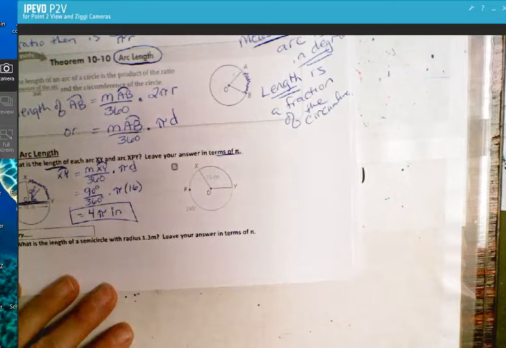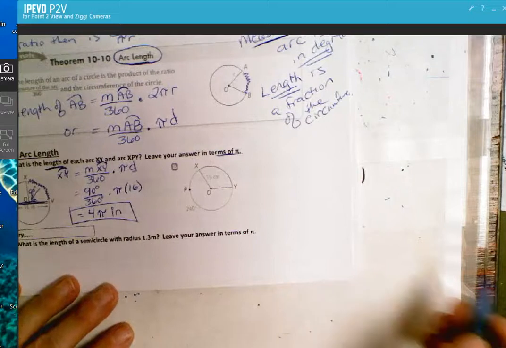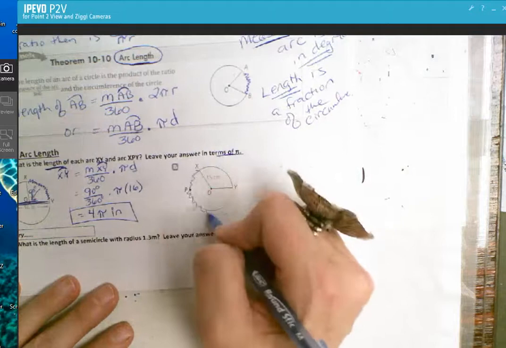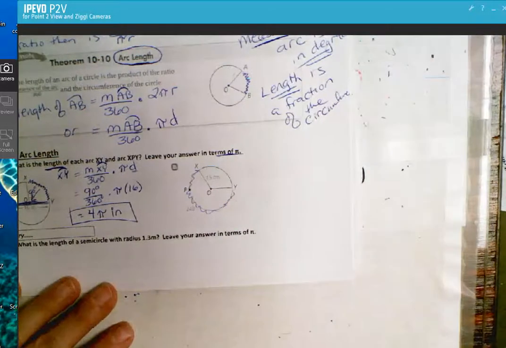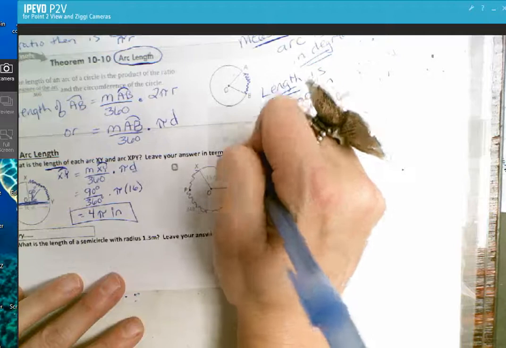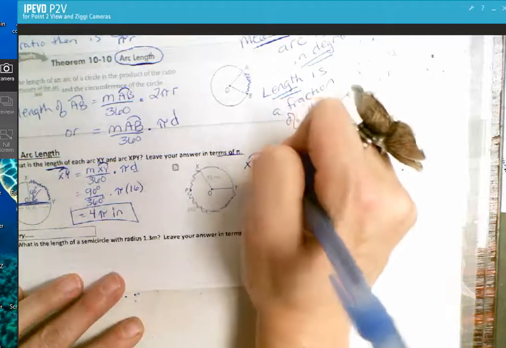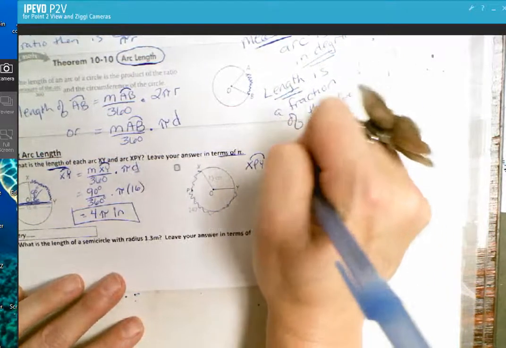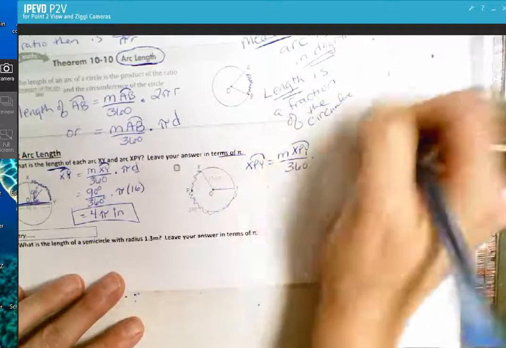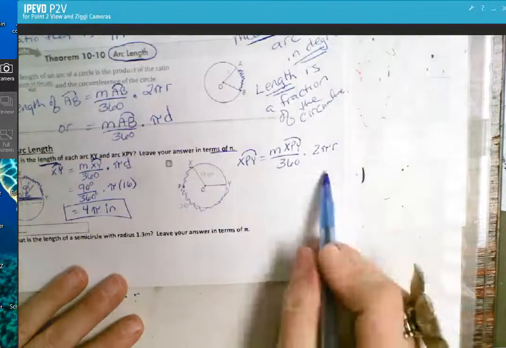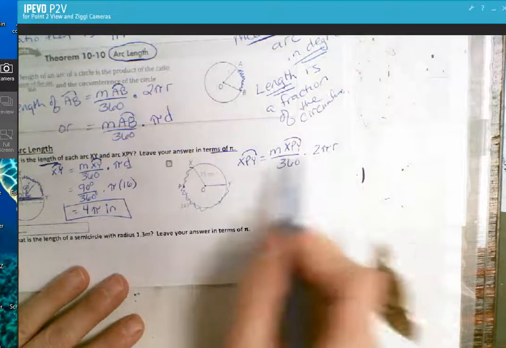So it wants to find the length of xpy. So I need to find this length. Since I'm dealing with length, I know xpy, which is a major arc, is equal to the measure of xpy out of the possible 360 times its circumference. And I'm using r because that's all they gave me.